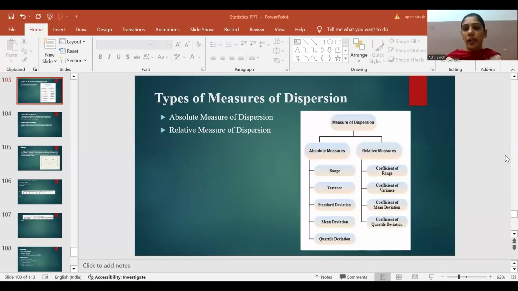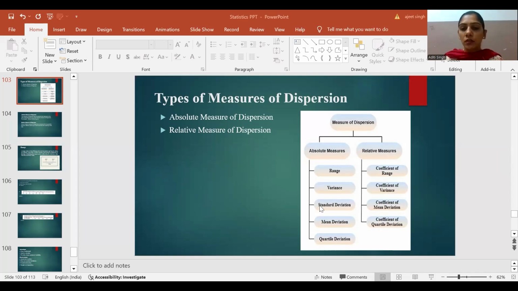Now let's understand various methods of measuring dispersion under absolute measure of dispersion and relative measure of dispersion. We will discuss all these methods in detail with their numerical explanation: range, variance, standard deviation, mean deviation, and quartile deviation.